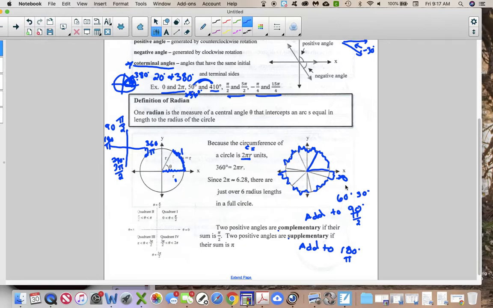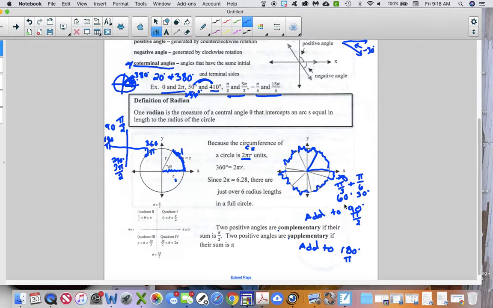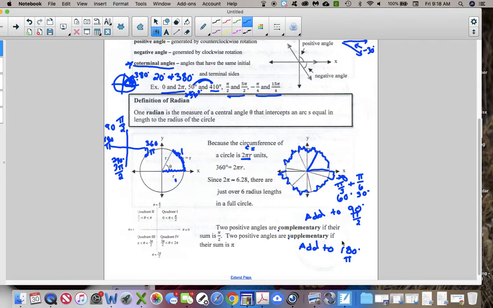Now, 60 degrees is the same thing as pi over 3, and I'm trying to figure out what I have to add to it to get pi over 2. And it is pi over 6. Pi over 3 plus pi over 6 will give you pi over 2, okay? And we'll go through that here on the back side. I think they ask you a complement supplement question, and I'll show you how that works, okay? But we're going to be dealing with radians instead of degrees, okay?